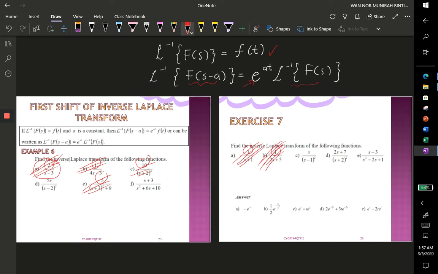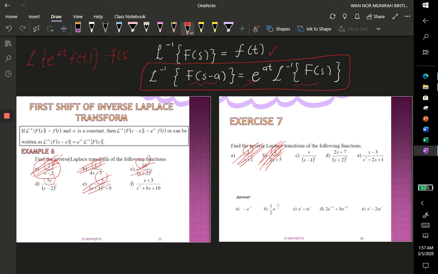The second example is what happens if your numerator is s. If you look at the definition here, you must understand that you have F(s minus a). Previously in Laplace transform, by using the first shift property, you have Laplace of e^(at) f(t) equals F(s minus a).